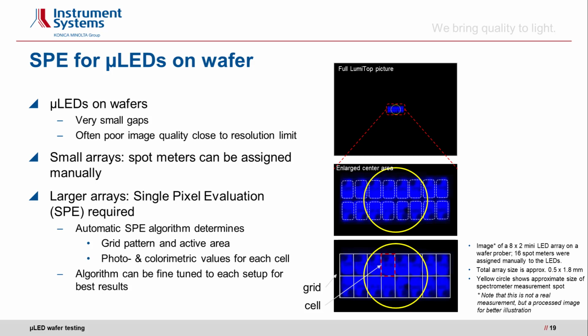Therefore, we have come up with a single pixel evaluation algorithm, the so-called SPE algorithm, which automatically determines the grid pattern and the active area. It also assigns photometric and colorimetric values for each cell. And ideally, this algorithm should be fine-tuned to each setup for best results.